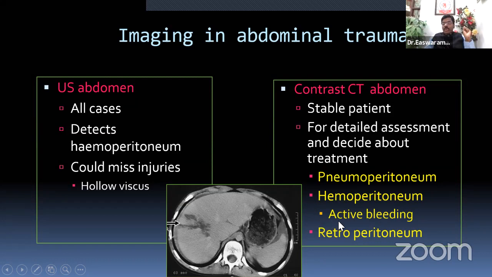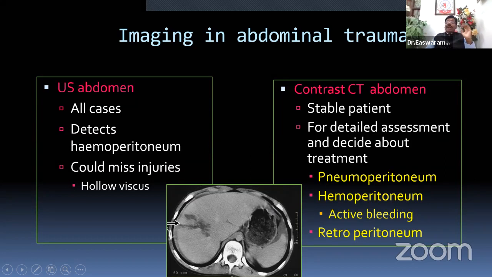So hemoperitoneum alone is not sufficient. You should know whether the patient has active bleeding. So contrast CT will tell me whether the patient is having active bleeding. Second, you will be able to see the retroperitoneum very well; the kidney and pancreas can be assessed. Third, even a bowel injury can be diagnosed, because of pneumoperitoneum, as we told you last class itself; even a small amount of air can be diagnosed by CT.